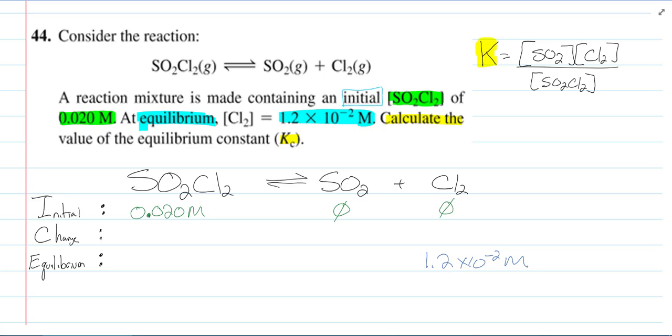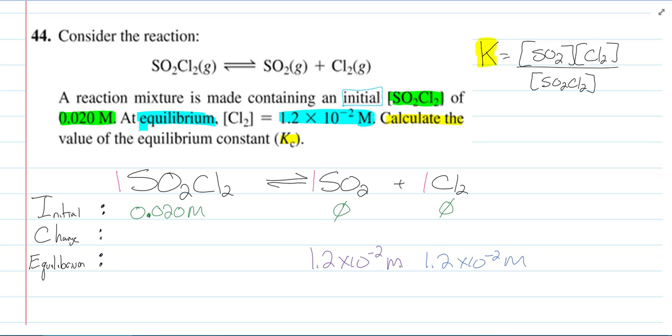Well, I think we can extrapolate some details from this. I know some SO2Cl2 had to react to make SO2 and Cl2. We further know that it's a 1 to 1 to 1 mole ratio. So if the concentration at equilibrium of Cl2 is 1.2 times 10 to the negative 2 molar, what do you think the concentration of SO2 is at equilibrium? I would say it's probably going to be 1.2 times 10 to the negative 2 molar as well, because there was no original and there's nothing else added.